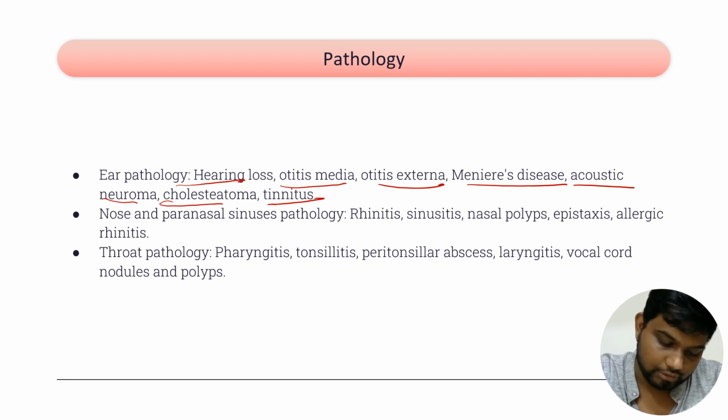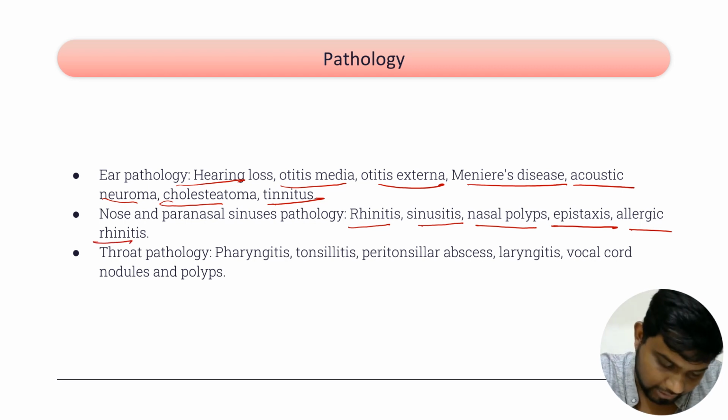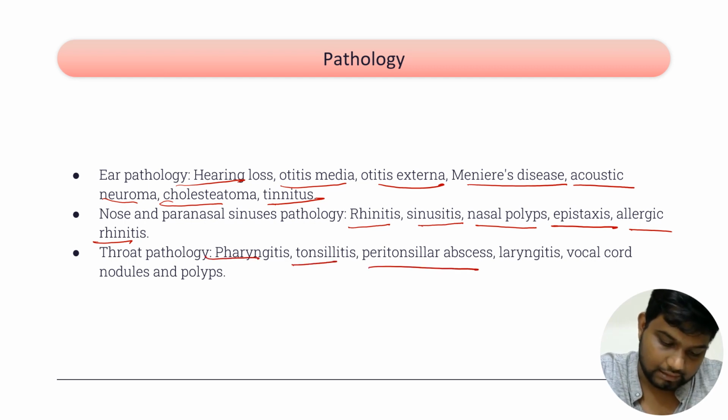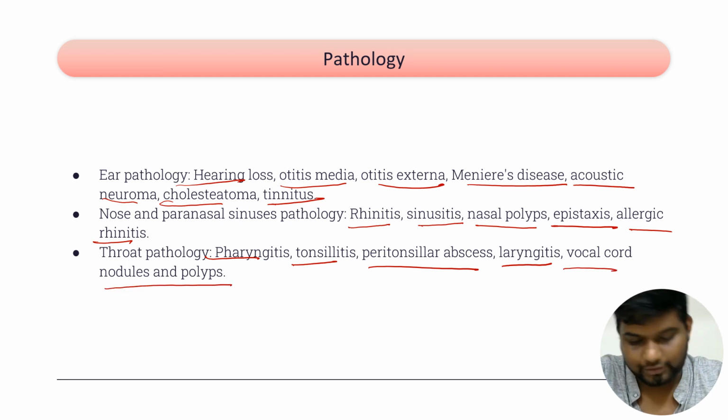And in the case of the nose, rhinitis, sinusitis, nasal polyps, epistaxis, allergic rhinitis are the things you should remember. And in the case of your throat pathology, pharyngitis, tonsillitis, peritonsillar abscess, laryngitis, and vocal cord nodules and polyps you have to remember. You should not miss a single area in this, people.